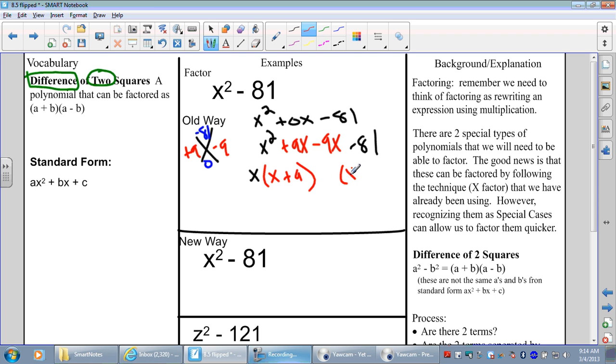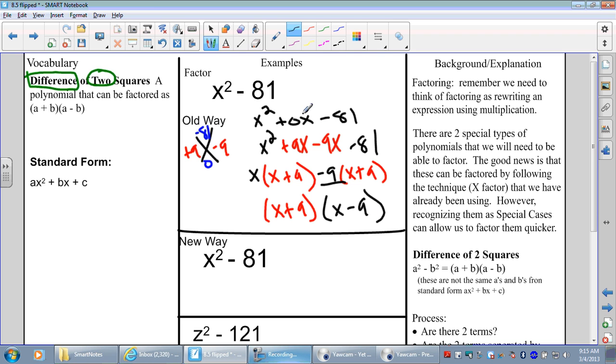Immediately rewrite the x plus 9 and ask yourself, is there anything that goes here to account for these two? And negative 9 would give me these two. How do I finish that? Well, it's going to be an x plus 9 and an x minus 9. Now, you notice this isn't x plus 9 squared, all right? These are not the same things.